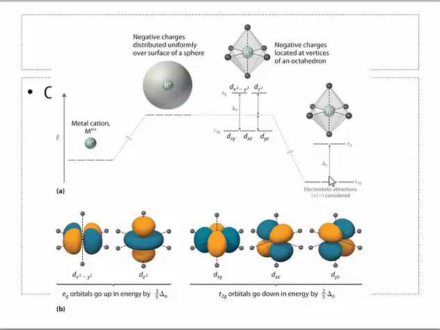However, the energy separation between the orbitals, delta, remains. The diagram shows the two orbitals that increase in energy and the three orbitals that decrease in energy upon the introduction of complexing ligands.